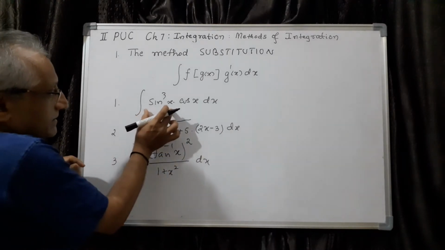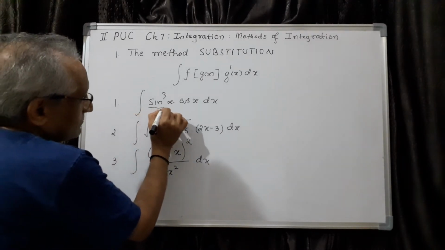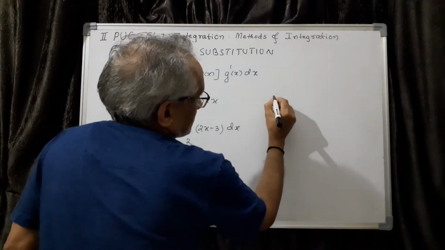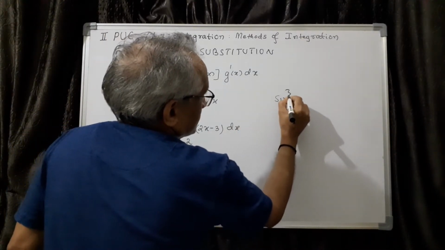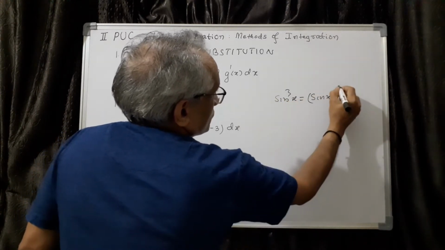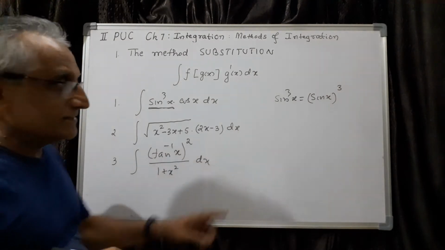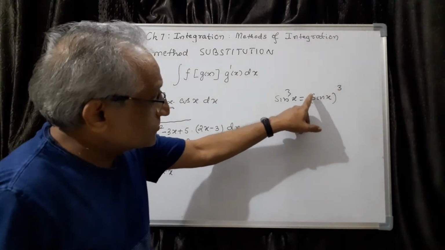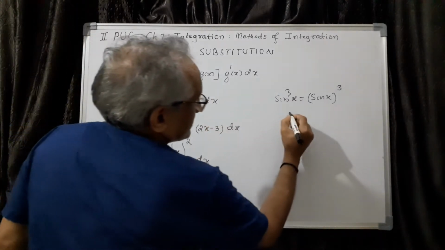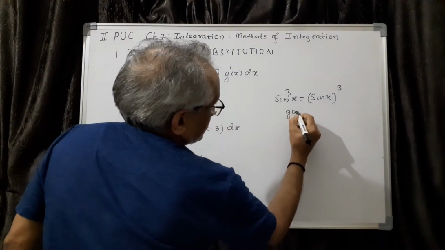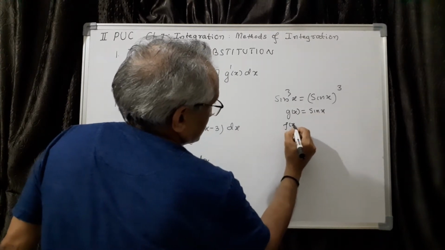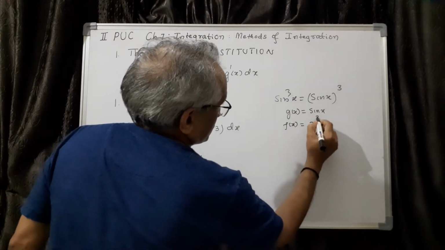If you consider the first one, this is actually a composite function sine cube x, because sine cube x can be written as sine x the whole cube. So what happens here is x first goes to sine x, then it goes to cube. Here g of x is actually sine x and f of x is x cube.